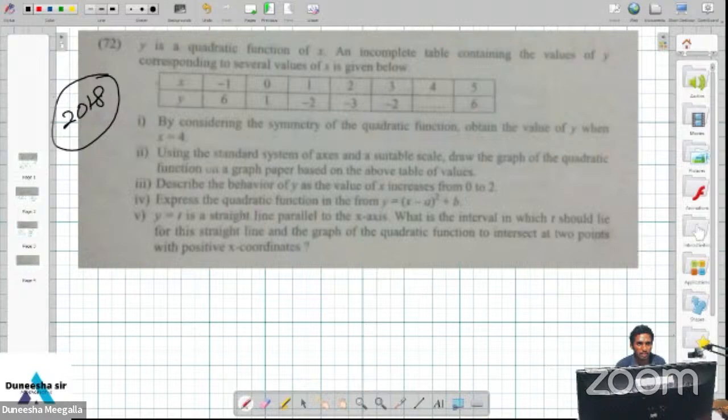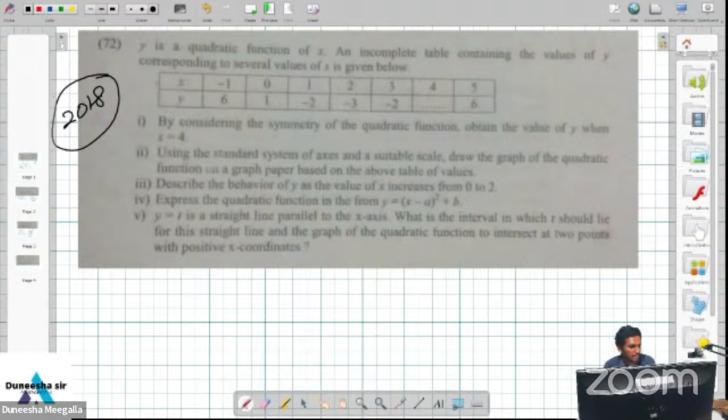y is a quadratic function of x. An incomplete table containing the values of y corresponding to several values of x is given below. Okay. Then, do you have any function here?